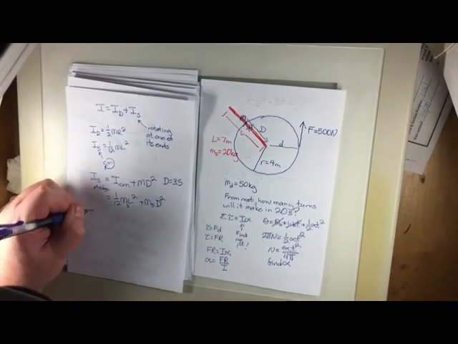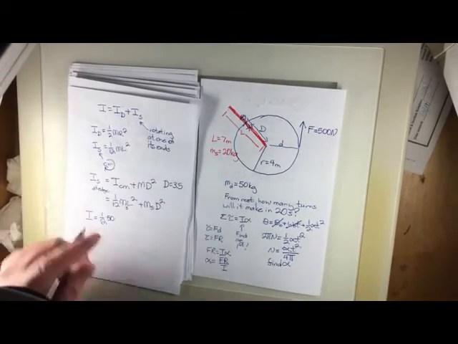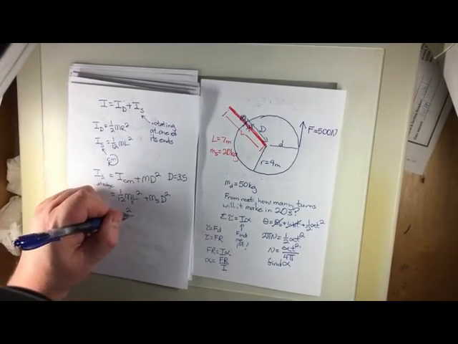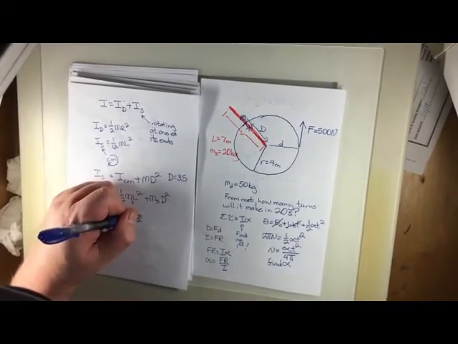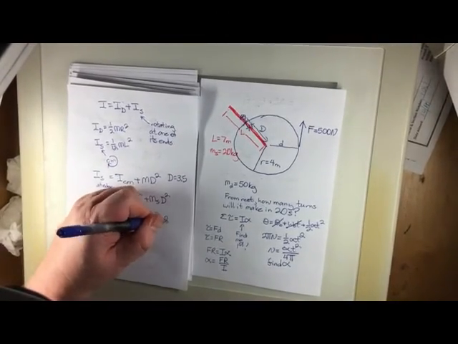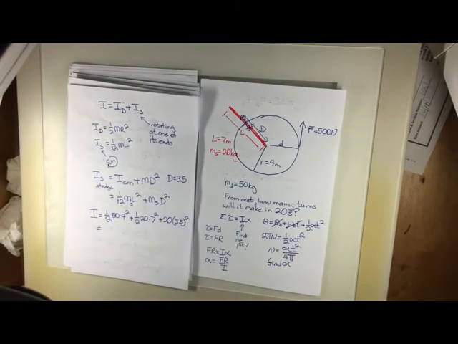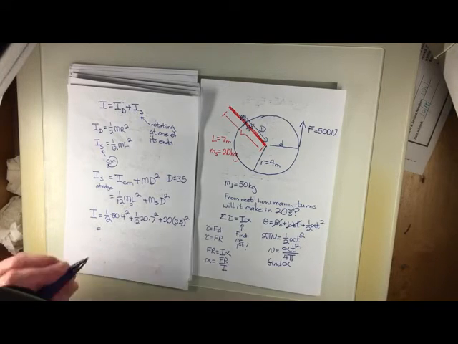So the total moment of inertia is 1/2 times the mass of the disc, 50, times r squared, 4 squared, plus 1/12 times the mass of the stick, 20, times L, 7 squared, plus the mass of the stick again, 20, times 3.5 squared. And that will give you 726.67.